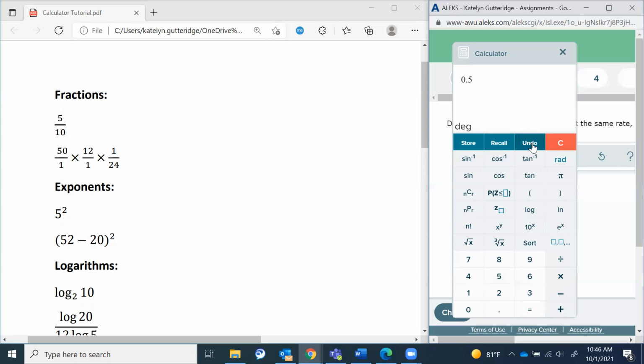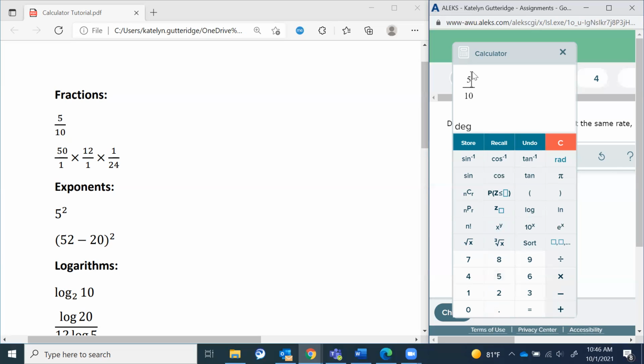You have your undo button here. So if you accidentally made a mistake in your fraction, you could undo. When I click undo, it'll bring me back to 5/10. And then just like before, I can go in and make adjustments. The undo button is going to be really handy. So let's say you calculate it and it's getting a different number than what the explanation in ALEKS says.